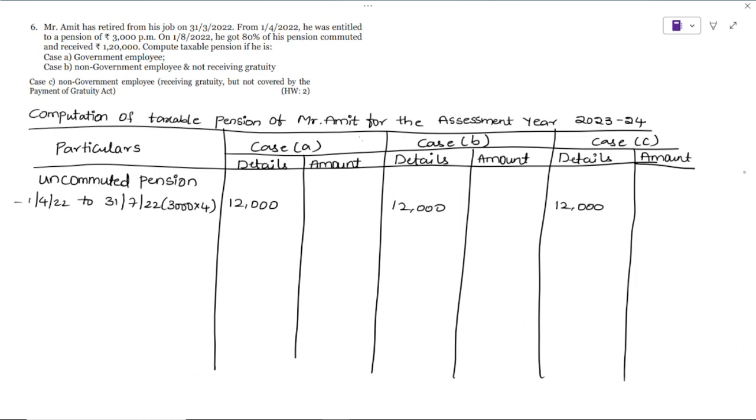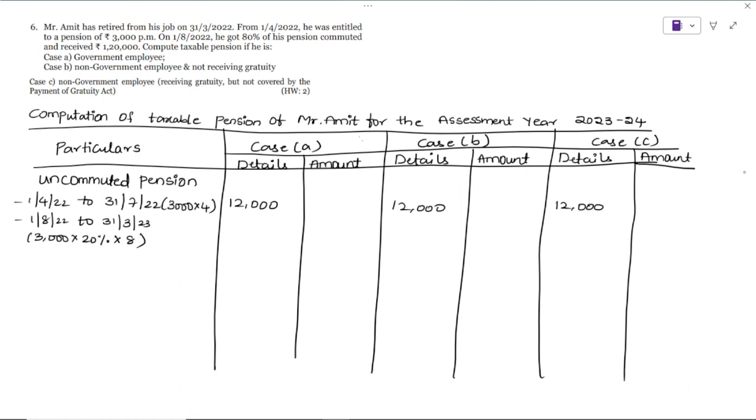Now from 1st August 2022 to 31st March 2023. Now you don't know how much is your fixed amount, so we'll write 3000 into 20% into 8. Because how we got 600 you should remember, right?